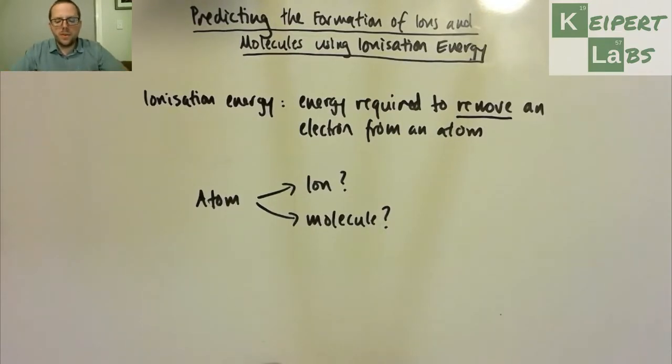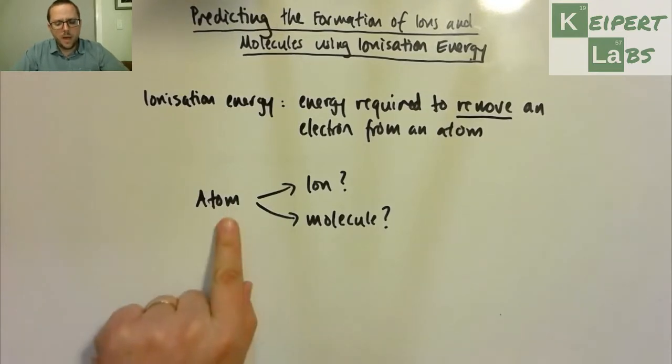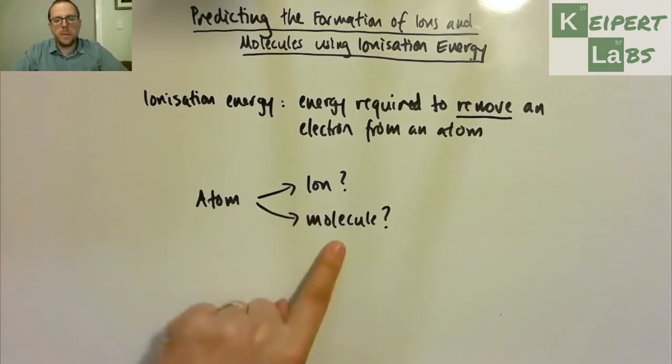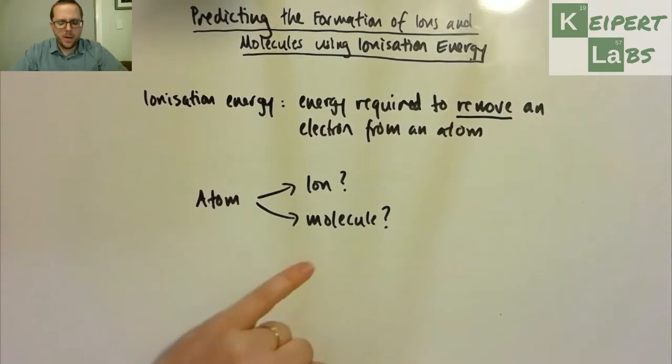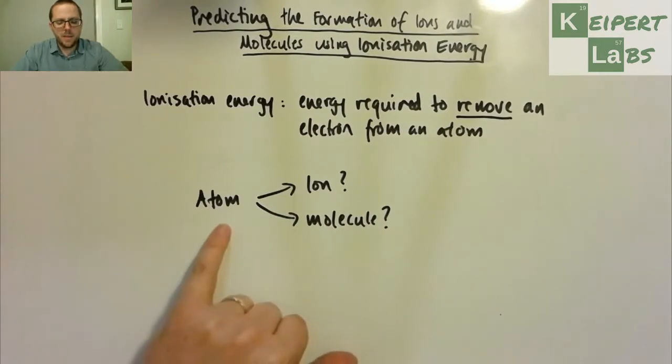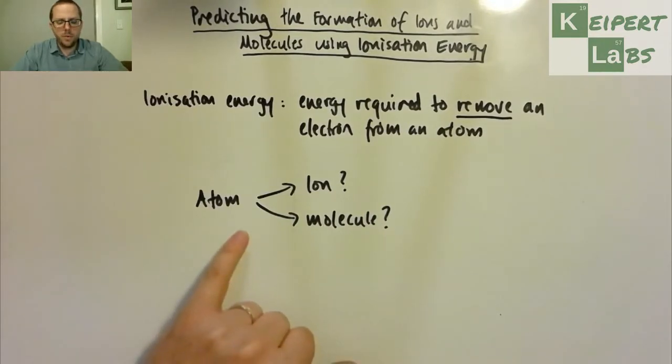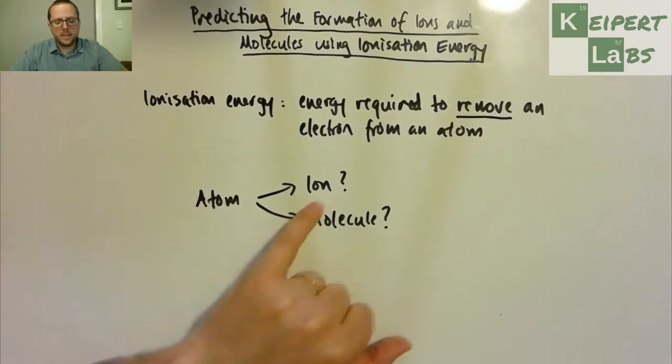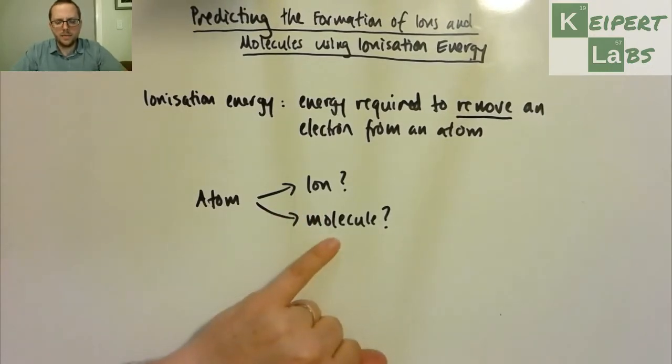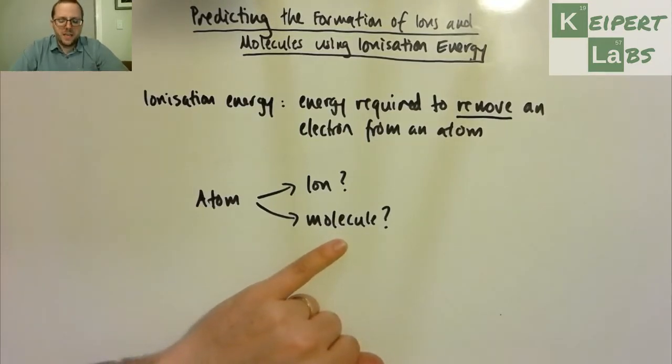But one thing that we can also use ionisation energy for is to predict what will happen to an atom, whether it will form an ion or whether it will form a molecule. A while ago we introduced the idea that some compounds form from ions and some compounds are molecular, formed from molecules, which are neutral and have atoms connected or bonded together.